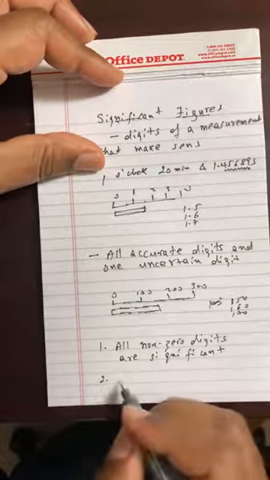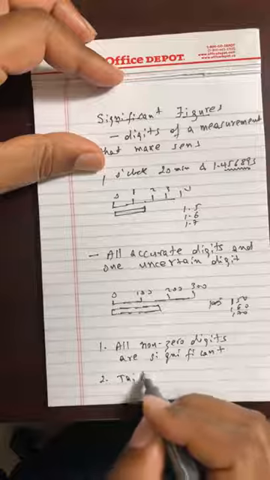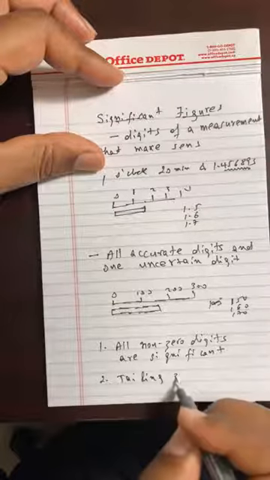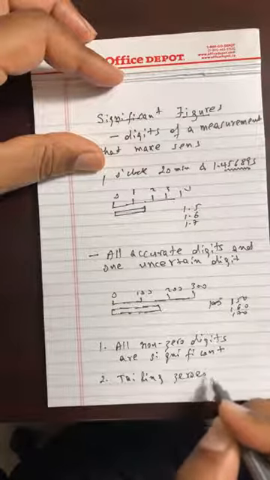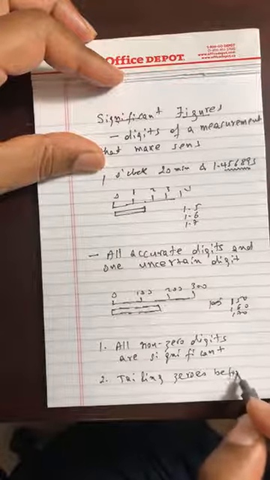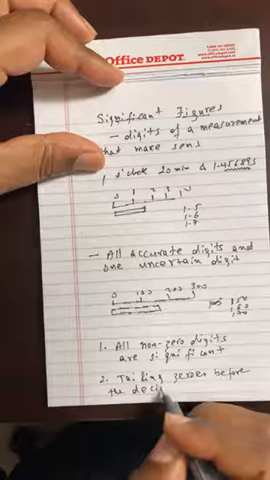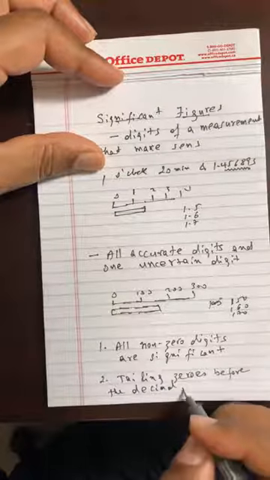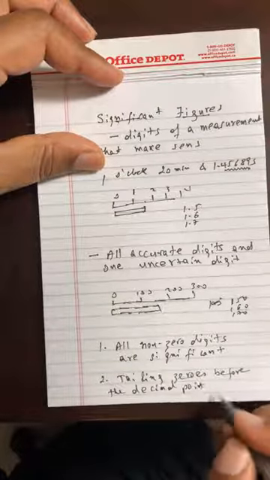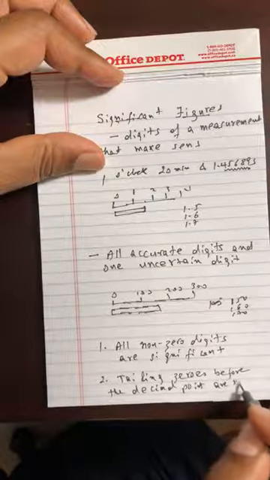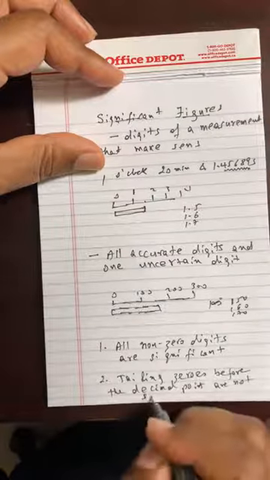And trailing zeros before the decimal point are not significant.